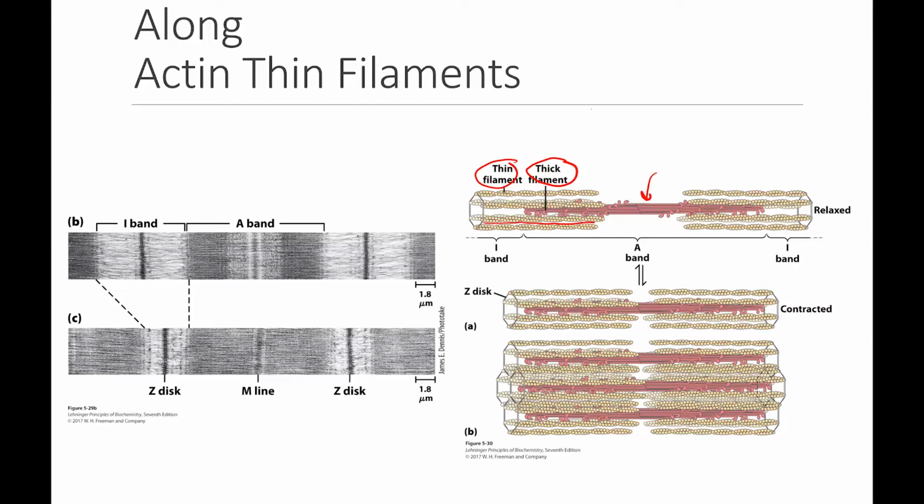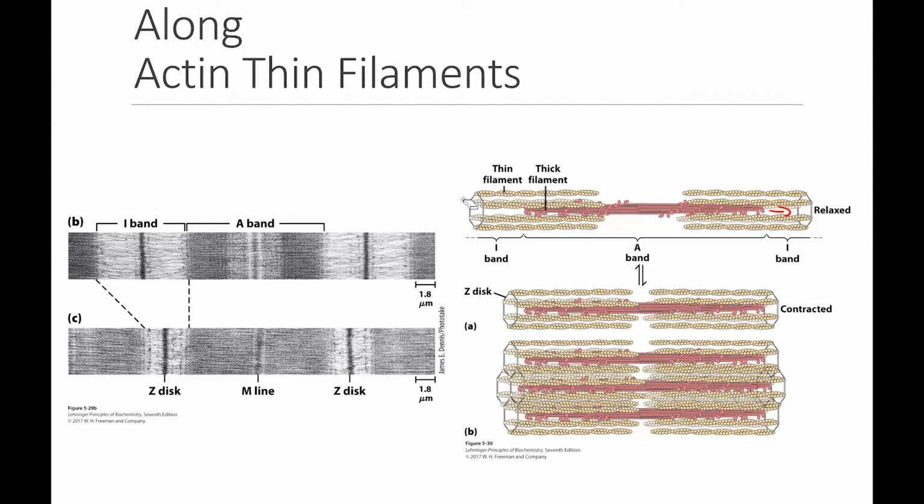You can see if the thick filaments start crawling in either direction, they will essentially pull the actin in, contracting the actin around it, and that is how we have muscle contraction. So you can go from a relaxed state to the contracted state, and that's the very essential way that muscles move, is going from relaxed to contracted state.